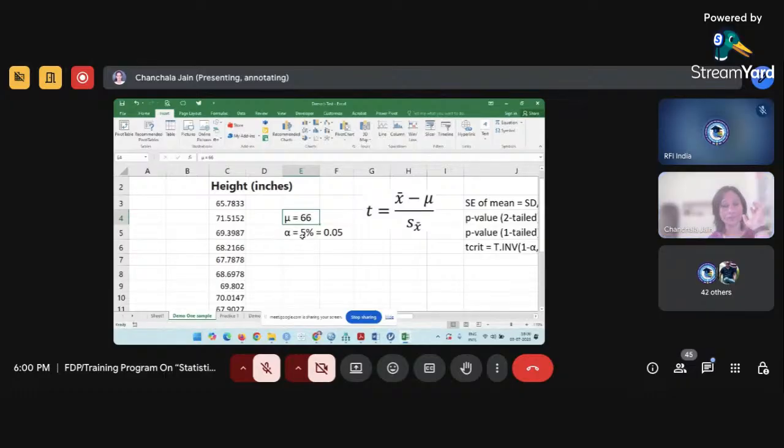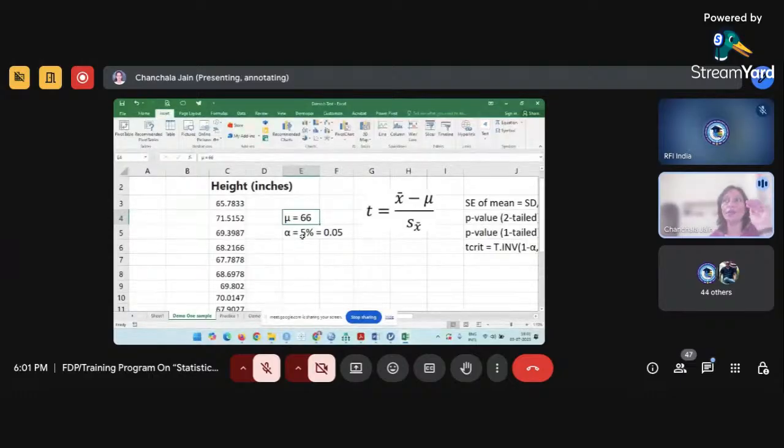Ma'am, if mu is not given, then we will calculate the mean of the sample. I think I just said, you need to listen very carefully. I said we need to compare the sample mean with the population mean. The sample mean we need to calculate anyhow, no argument on that. But you need to compare this mean with the population mean. If you have knowledge about your population, you can easily get the population mean.